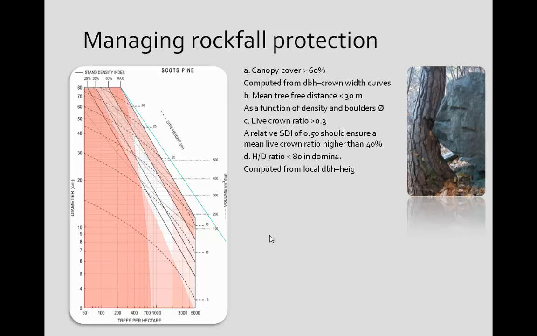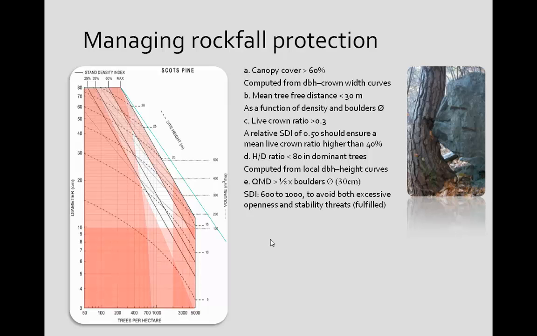Another thing that's been suggested is a height diameter ratio. So if the trees are too slender, a tree hits them and they're just going to knock it over and keep on rolling. So we've got to have kind of stocky trees, and so some other people have come up with this height diameter ratio. So we plotted that on the diagram as well.